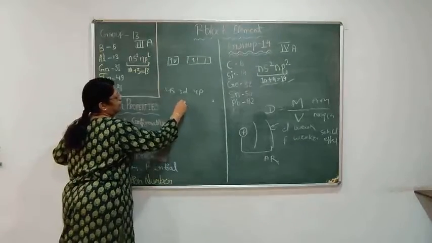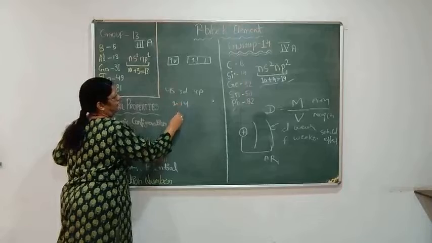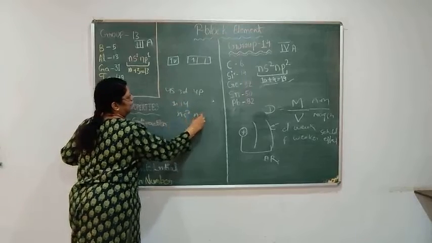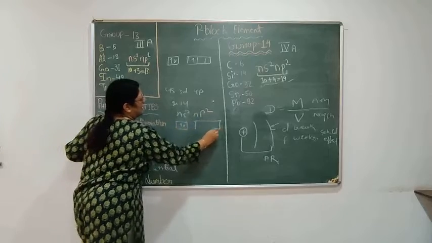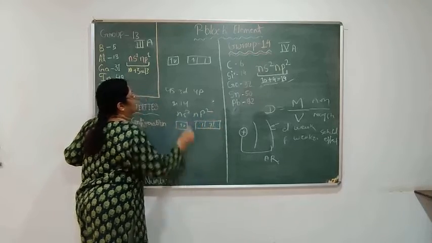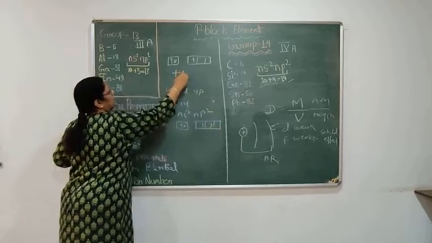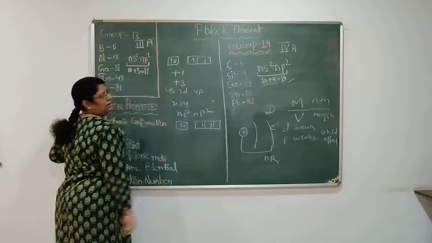The same for group 14: ns2 np2. So in s there are 2 and in p there are also 2. So its oxidation numbers will be +1 and +3.